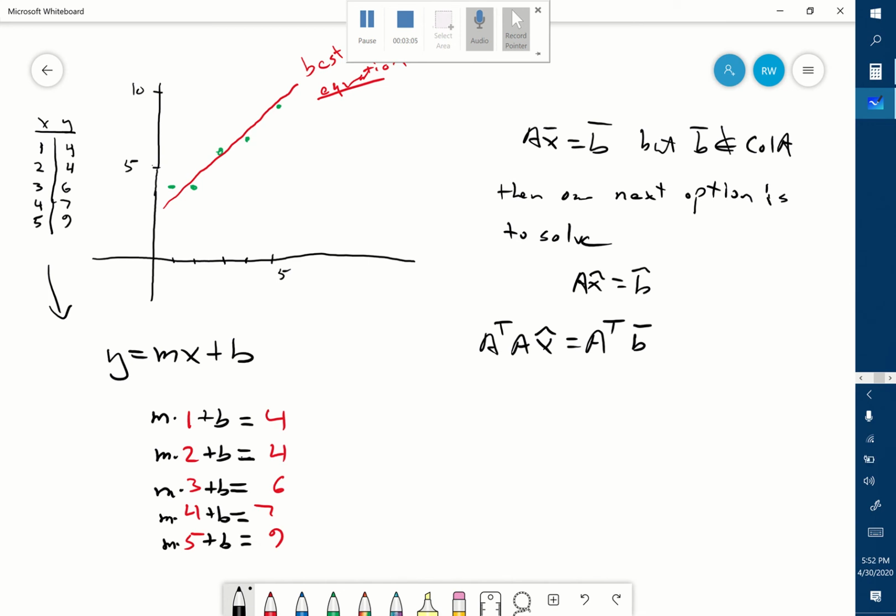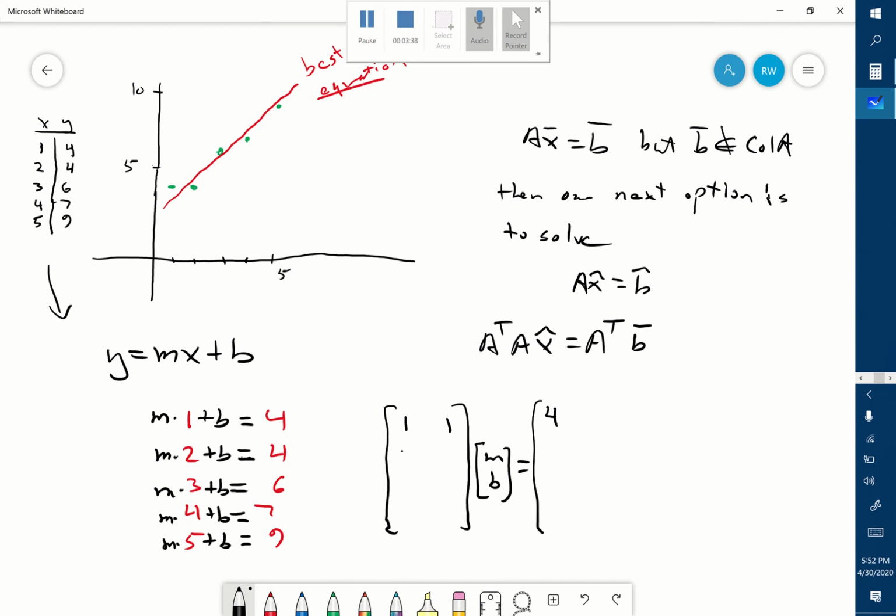But what we can do, this is what I was writing before we left, is the same thing as taking a matrix. This is at the beginning of our course. I'm going to take 1m and 1b and multiply it by the vector (m, b), and on the other side is the result that I'm seeking, which is 4. So that first row times that vector says 1m plus 1b equals 4.